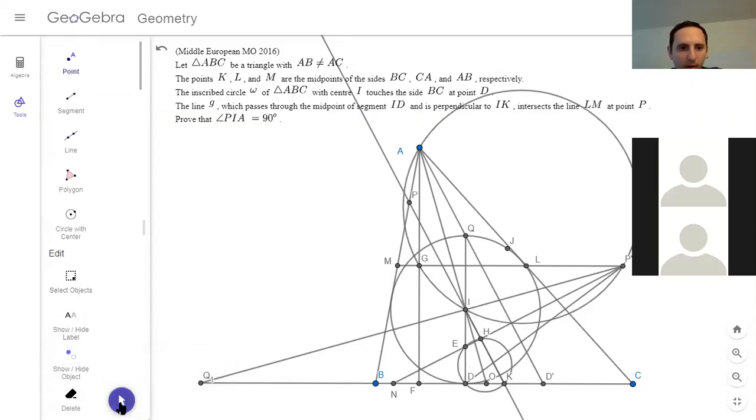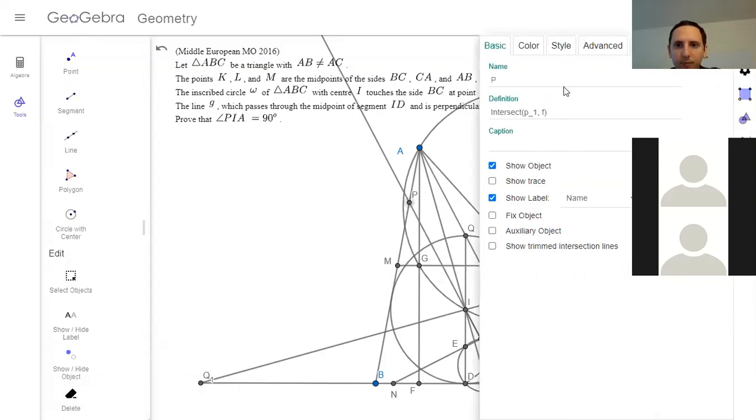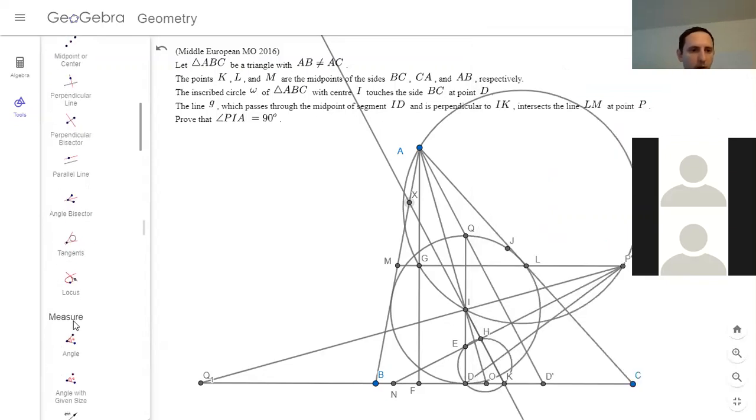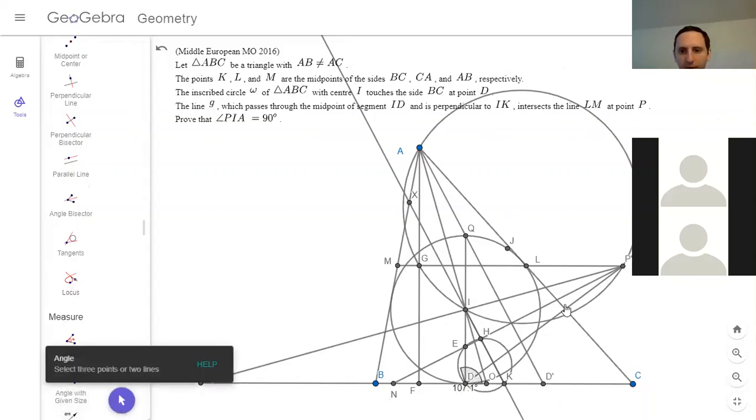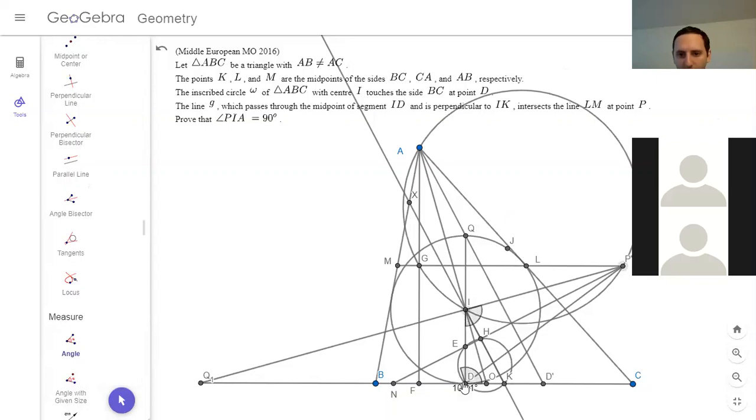Let me try this. Then XDD prime. Oh, hold on a sec. So this is 107, and PID is 105.8. So it doesn't work.